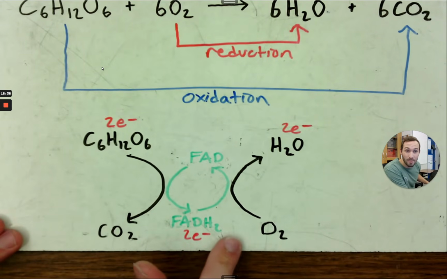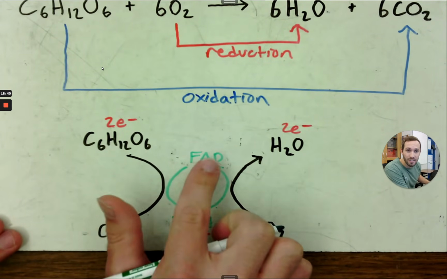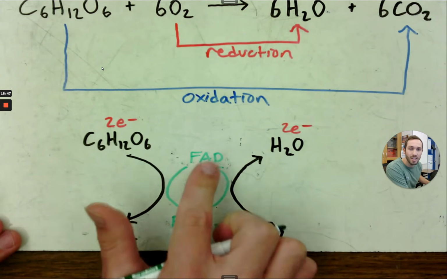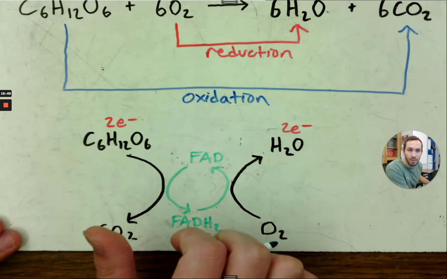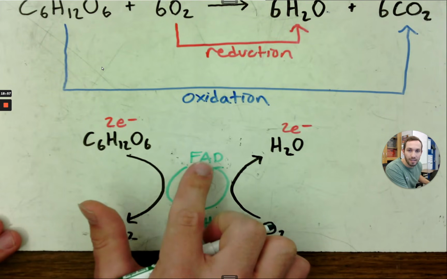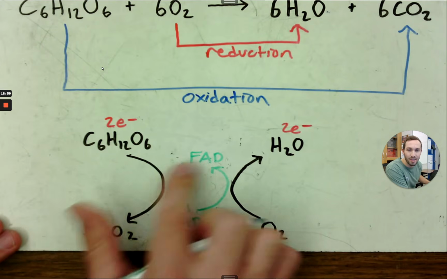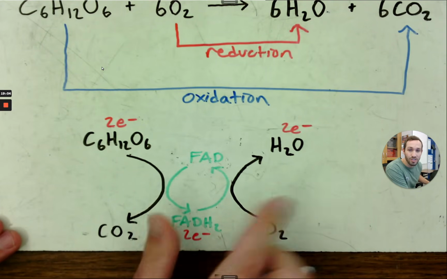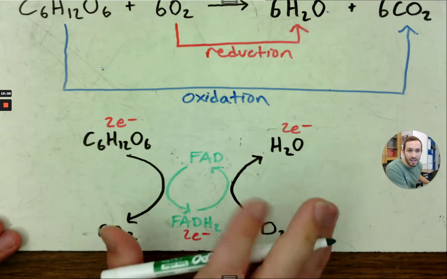So when he gets reduced and gains those electrons, he becomes FADH2, and then he carries those electrons and brings them to oxygen. So he's just like NAD+. They do the same thing. They're both electron carrier molecules. But this one starts as FAD and becomes FADH2 when he gains those electrons before bringing them to oxygen. And then he repeats the cycle just like NAD+.